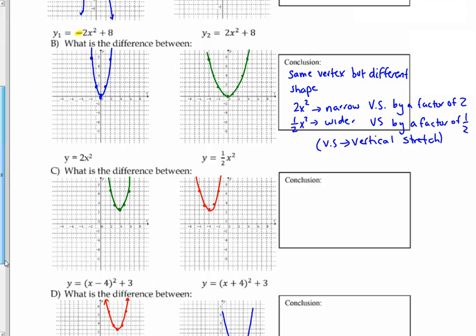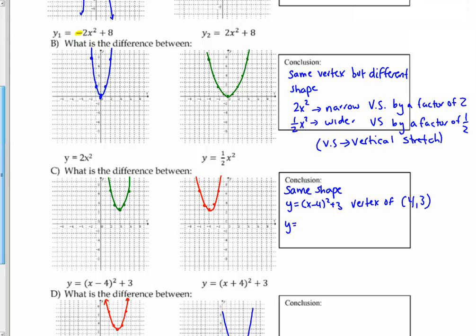Yes. So now the first graph, the shape is the same. We did not change the a value. We did not reflect it in the x-axis. But now we can say that the first graph has a vertex of 4, 3.